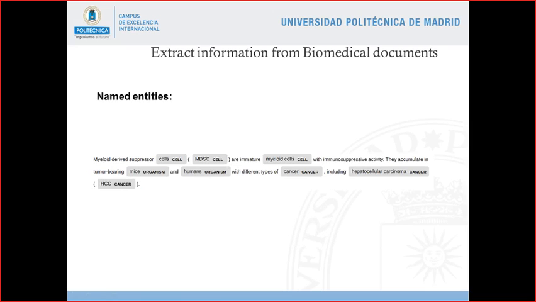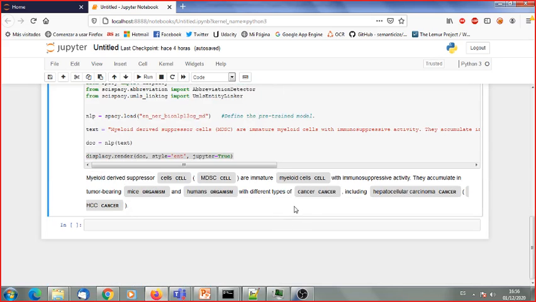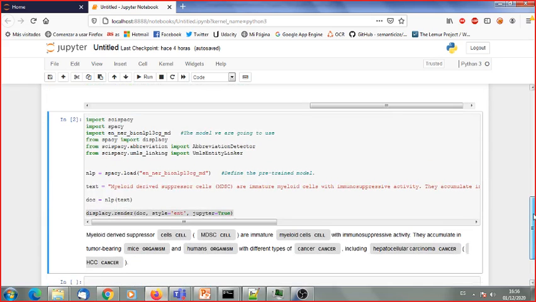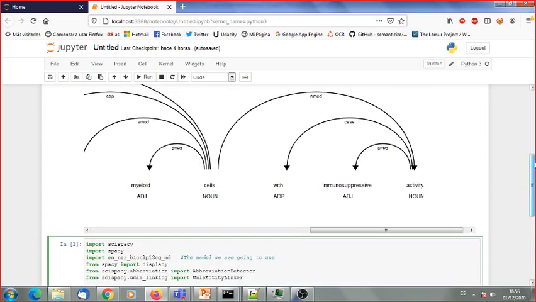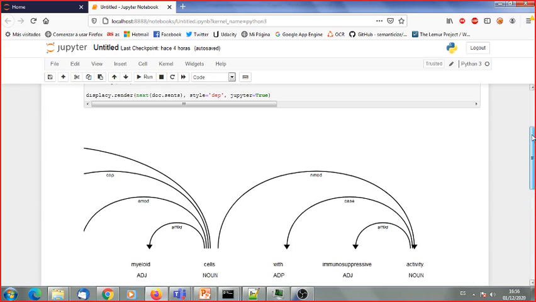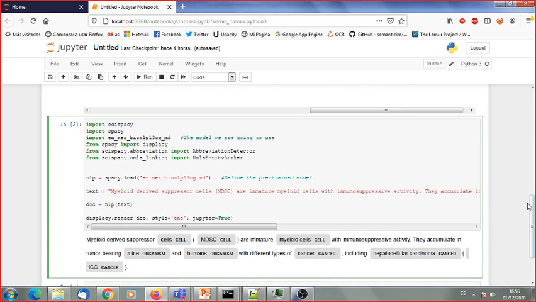And finally the named entities. I did it using Jupyter, with the same text as before. So instead of using the dependency style, I used the ent style.